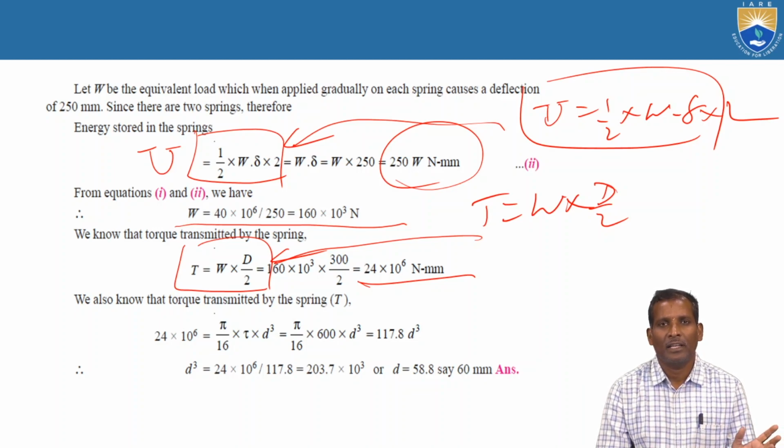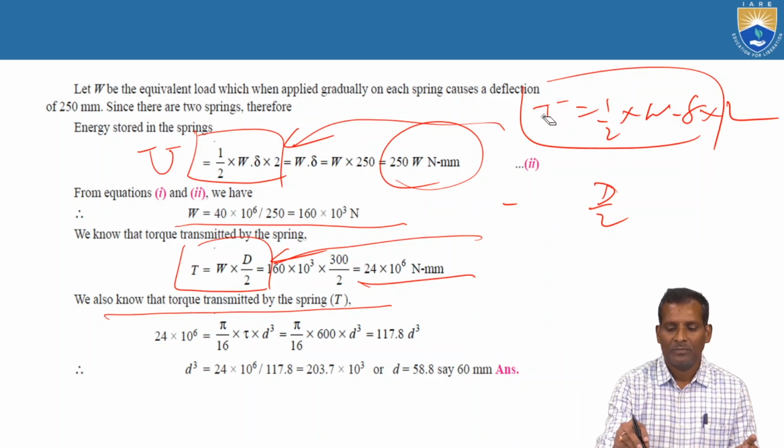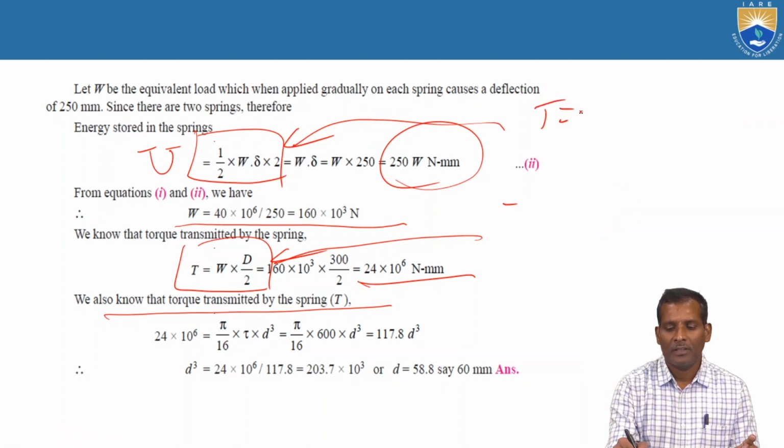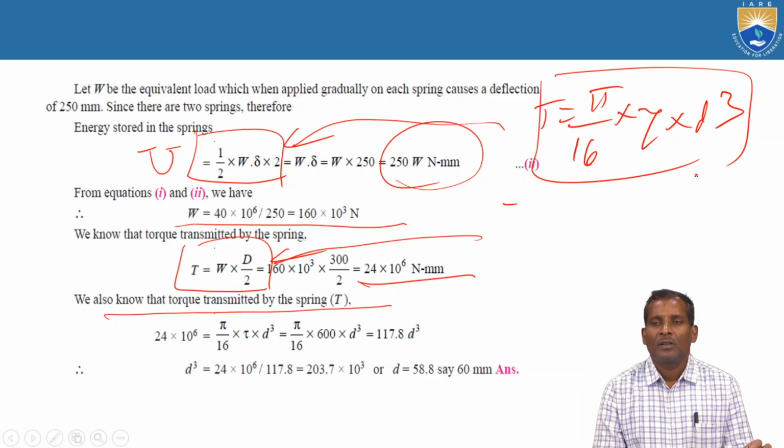So you may calculate the shear stress. Here the torque transmitted by the spring, T, is equal to, this equation you already know, T is equal to pi by 16 into tau into d cube.